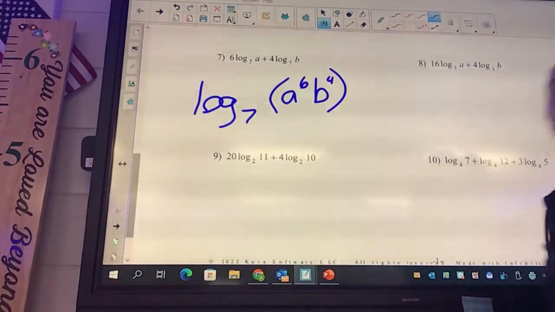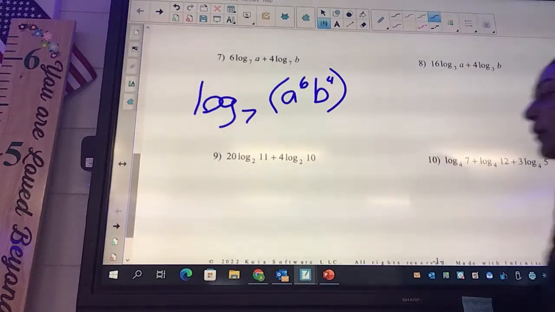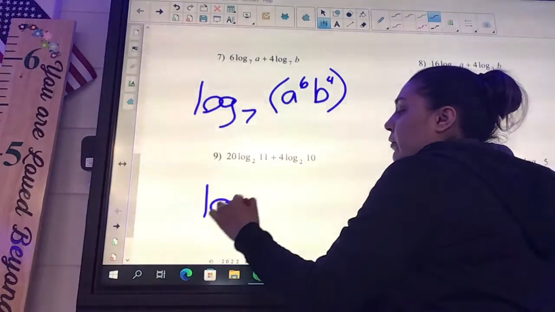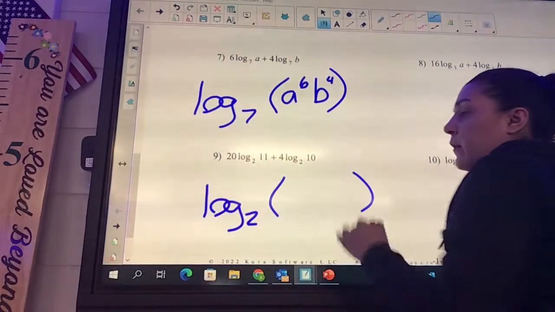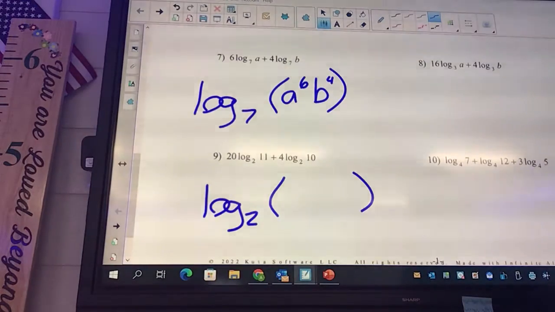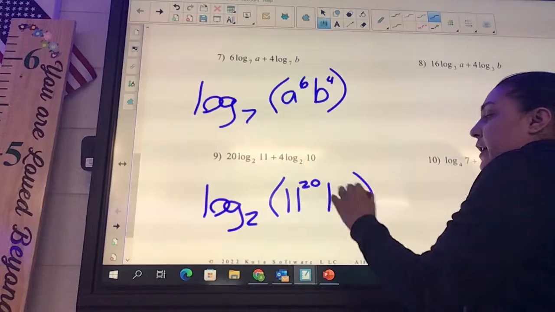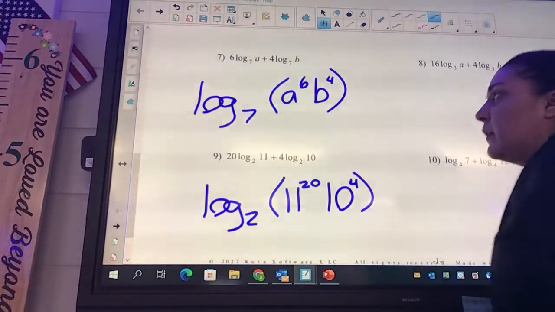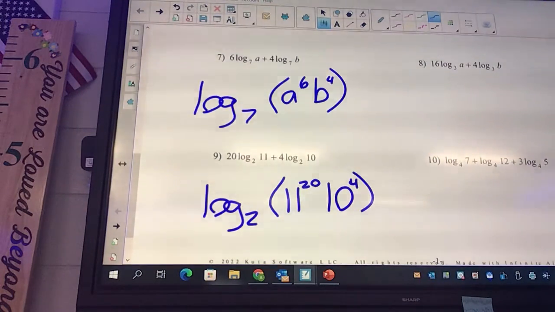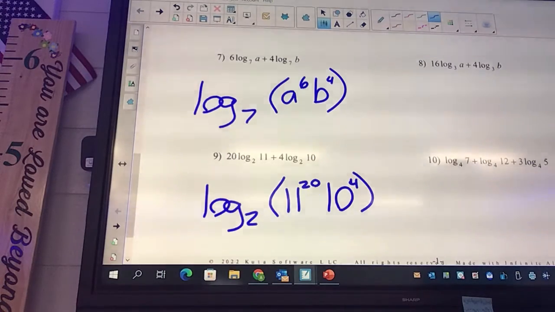Nine. It's going to be multiplication and log 2. Is it 11 to the 20th power and 10 to the 4th power? I don't know, some of you guys did this, quite a few, I would say out of this room, 10 of you guys kept doing this.